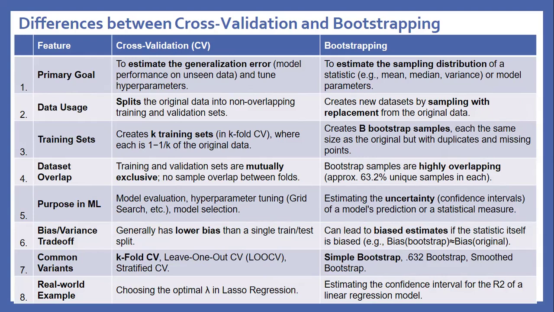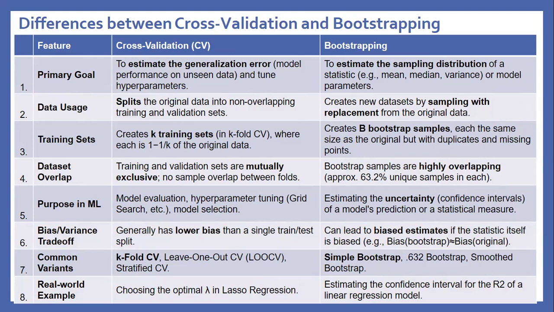Training sets: cross-validation creates K training sets in K folds, where each uses (K-1)/K of the original data. Bootstrapping creates B bootstrap samples, each the same size as the original but with duplicates and missing points.